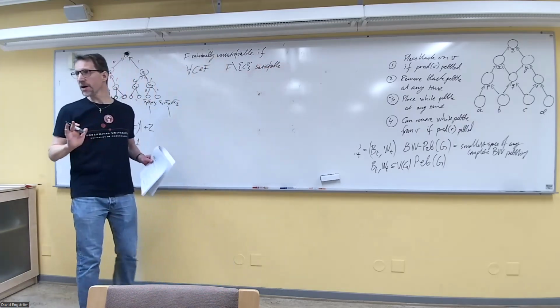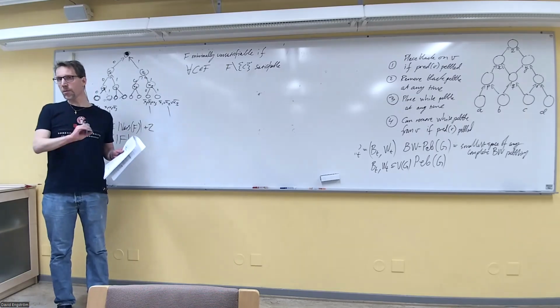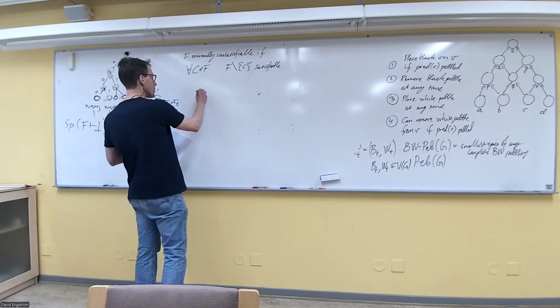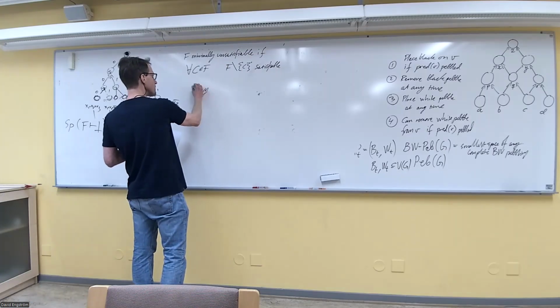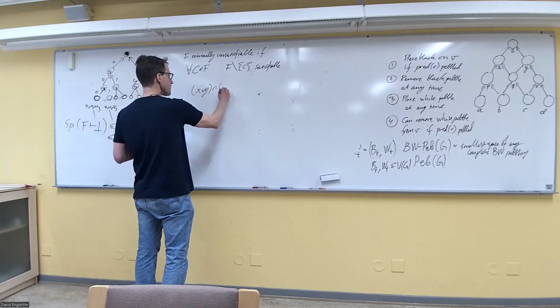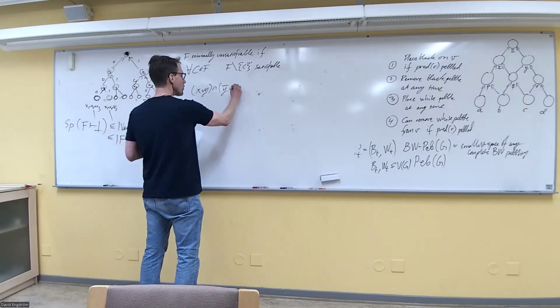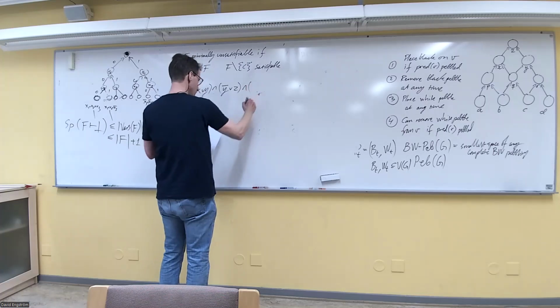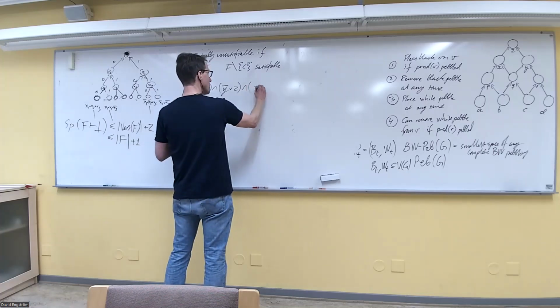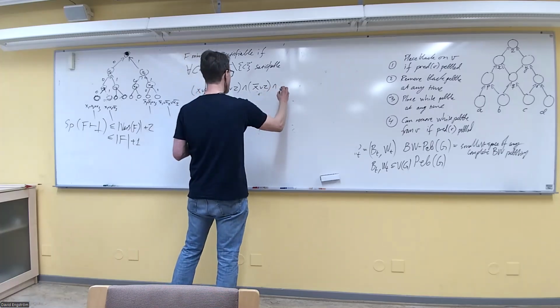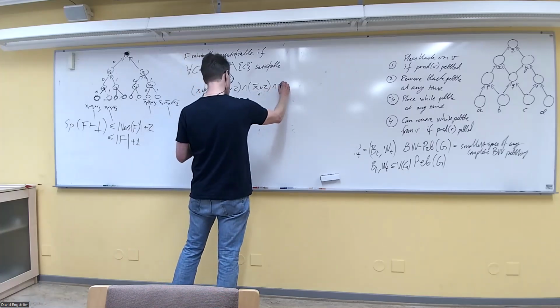A formula is minimally unsatisfiable if it is unsatisfiable, but if you remove a single clause, then you can satisfy the rest. So here is, I hope, a minimally unsatisfiable formula: x or y, not y or z, and I think not x or z, and not z.